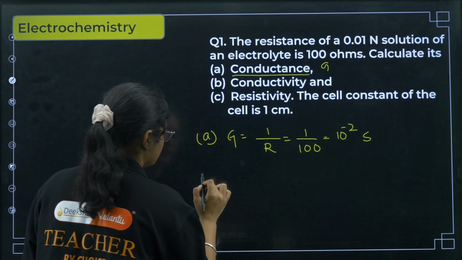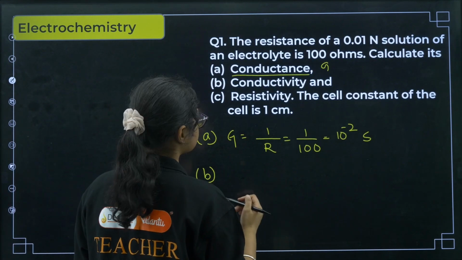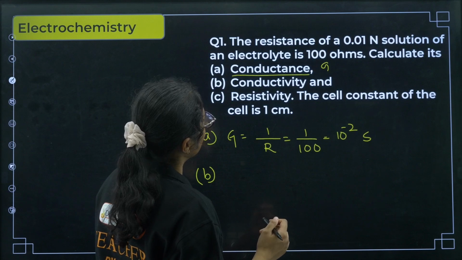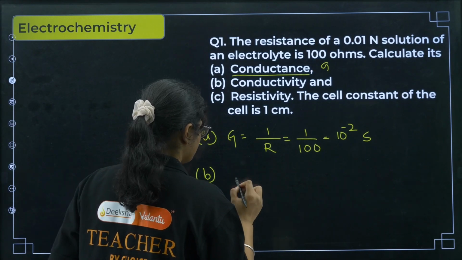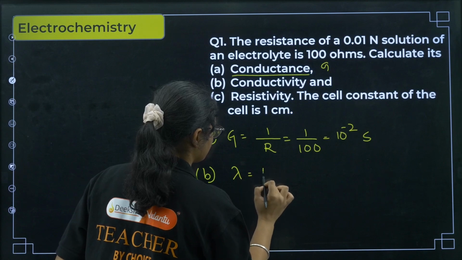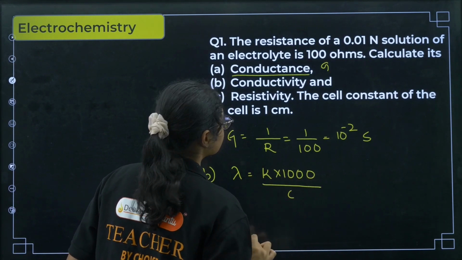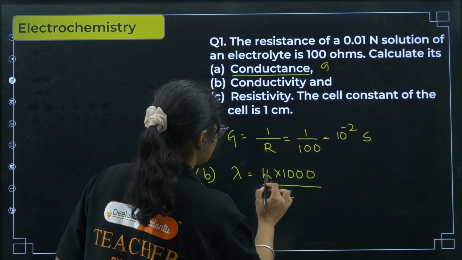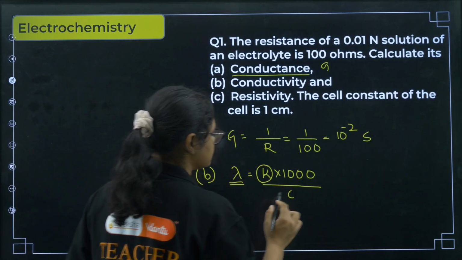Next, conductivity. Conductivity is given, right? So we know that lambda is equal to kappa into 1000 by C. So here we need this conductivity value. Equivalent conductance is given, that is 0.01.